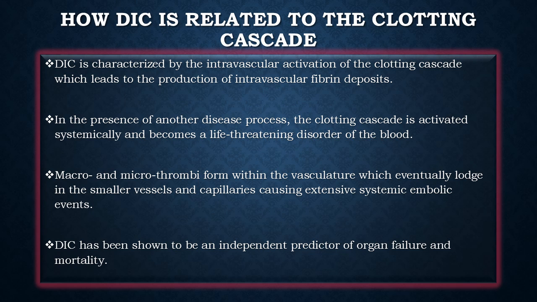Macro and microthrombi form within the vasculature, which will eventually lodge in the smaller vessels and capillaries, causing extensive damage to the body and also having embolic events. DIC has been shown to be an independent predictor of organ failure and mortality.